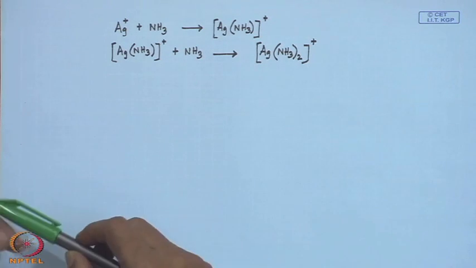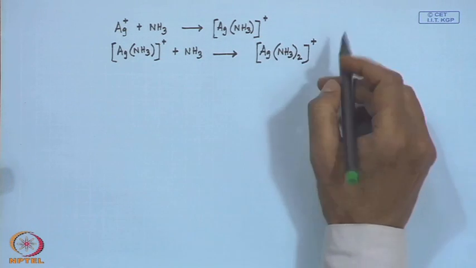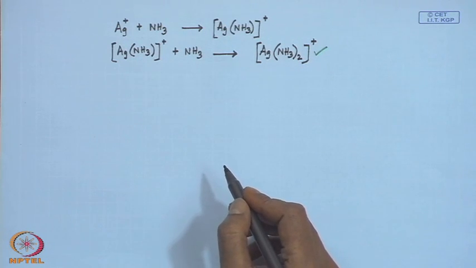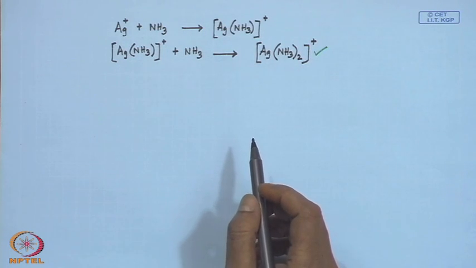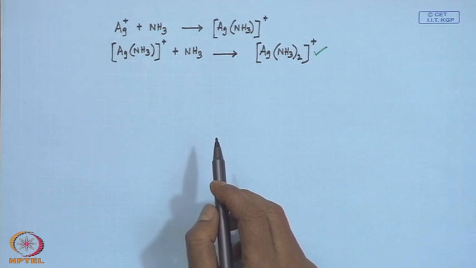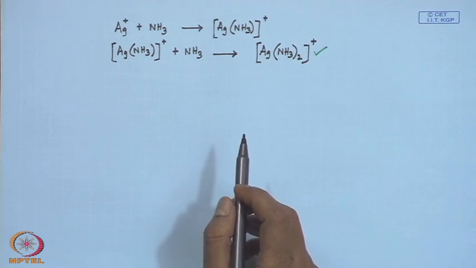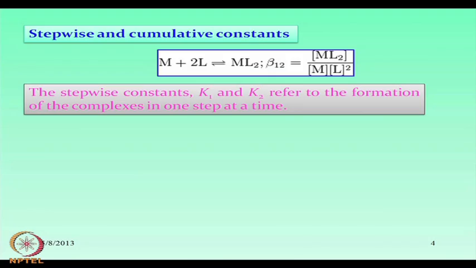So, we should know the concentration being formed and the concentration remaining during the equilibrium process, as the silver ion concentration as well as the ammonia concentration.